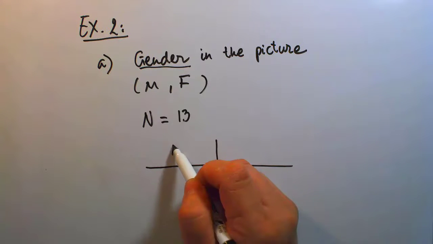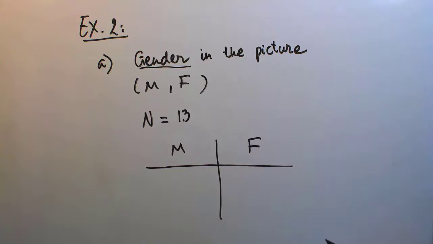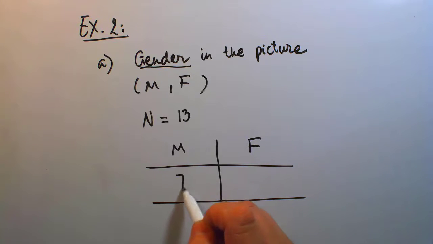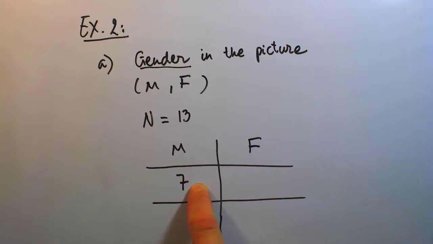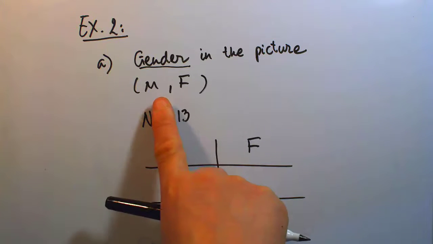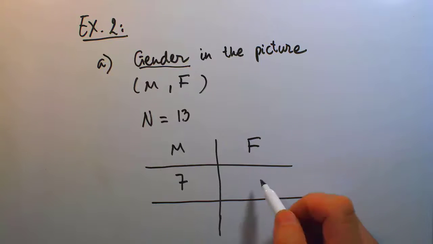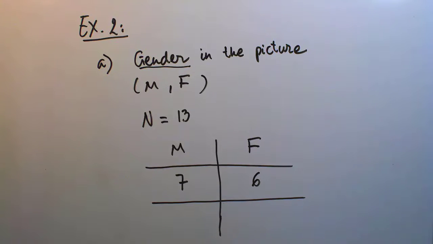Male and female, simply 2 columns. Now let's look at the count. In my group of 13 people, I found 7 of them, and here I'm talking about the actual count, 7 of them are the male value. And the other 6 people are carrying the female value in that group.